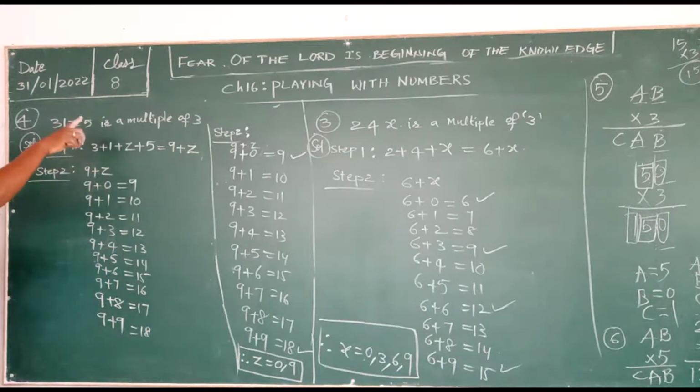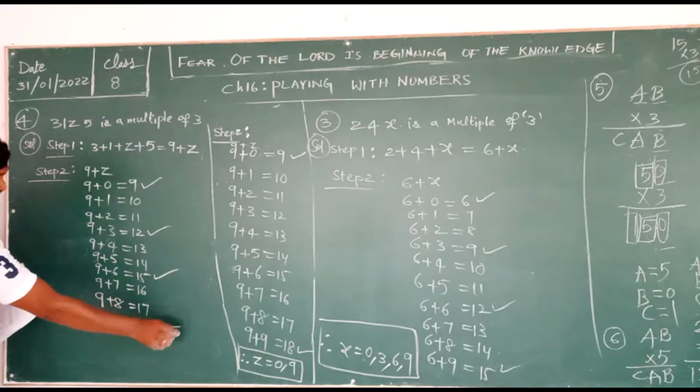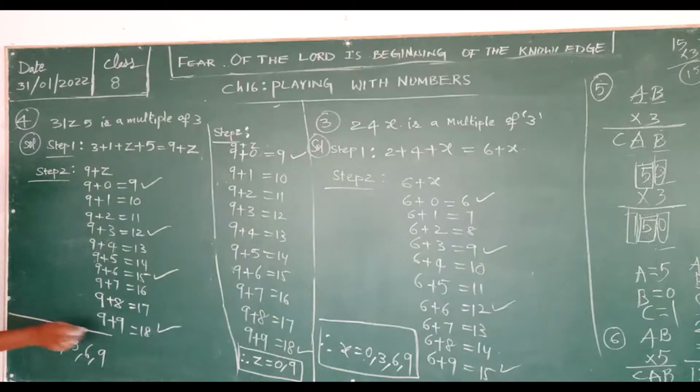Now, multiples of 3 we have to check. 9 is a multiple of 3, 12 multiple, 15 multiple, 18 multiple. So what are our answers? Z is equal to, therefore z is equal to 0, 3, 6, 9. Finished your final answer.